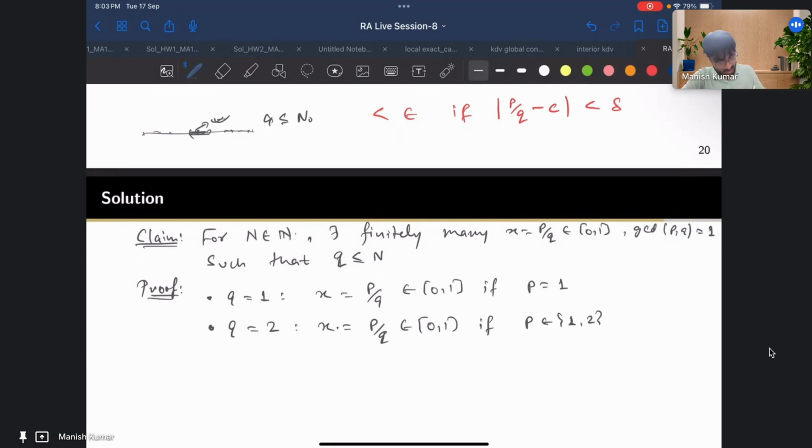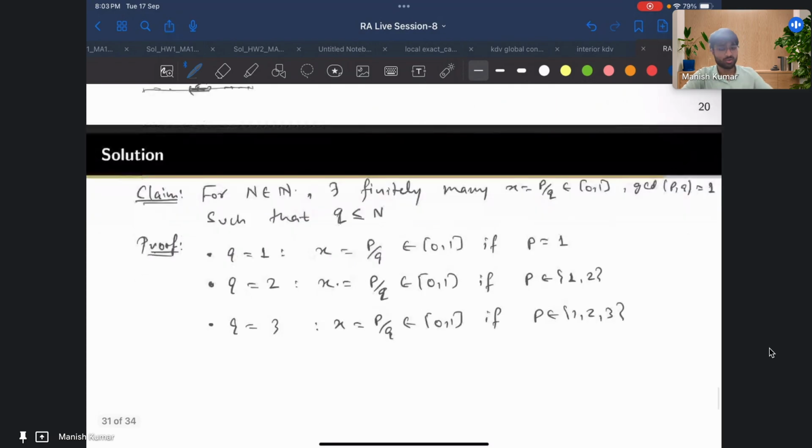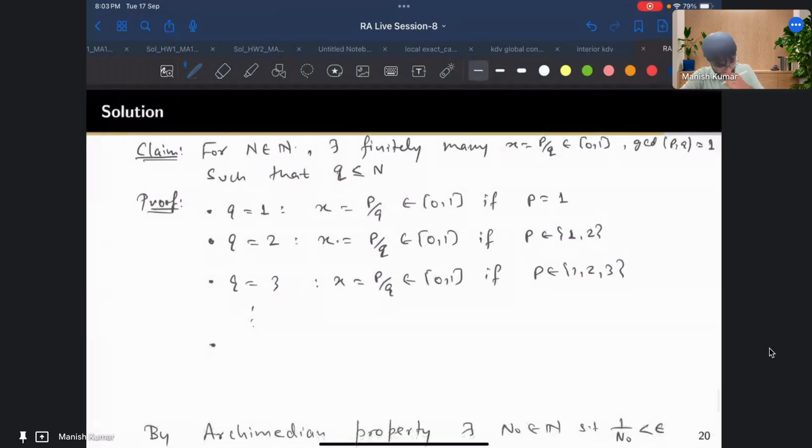Similarly, for q equal to 3, x equal to p by q will be in (0, 1] if p belongs to {1, 2, 3}, because 3 is the maximum number you can get. Once you exceed 3, p by q will be greater than 1. In the same way, if you take q equal to n, then x equal to p by q will be in (0, 1] if p belongs to {1, 2, ..., n}.